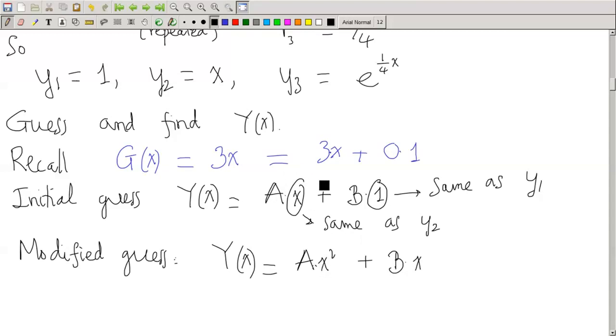Now when we have second order, we rarely need to modify again. But it turns out if you look at these two, x squared is not the same as one of these solutions, but x turns out to be the same as y2. So we need to modify again.